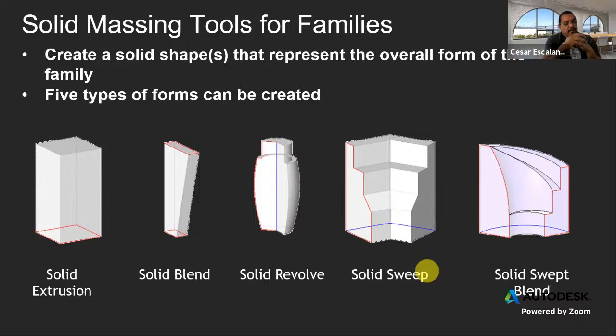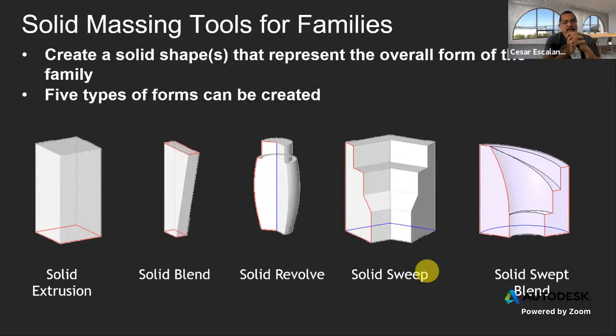A solid revolve, which is a profile revolved around an axis. Sweep, which is extrusion along a 3-dimensional path. And a solid sweep blend, which is extrusion along a path between 2 different profiles.